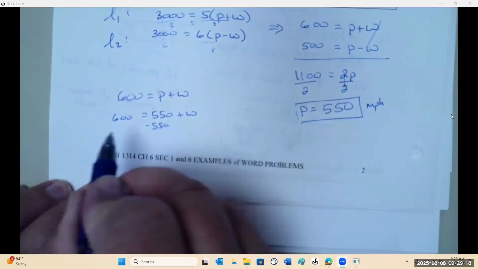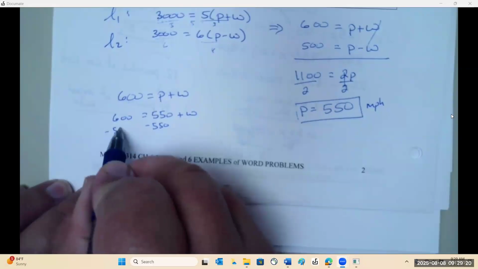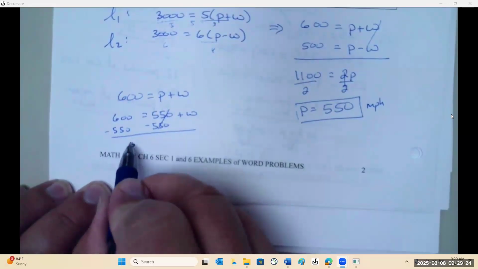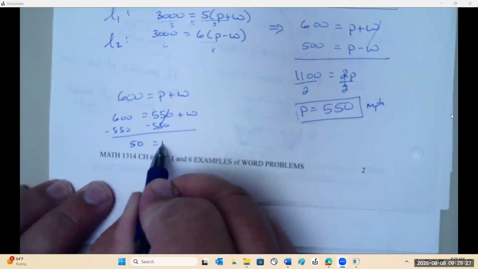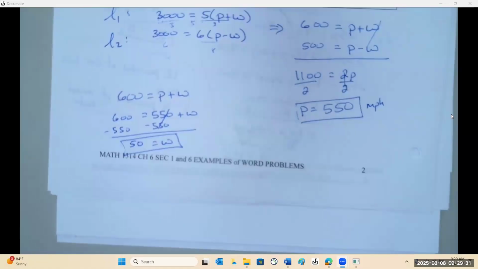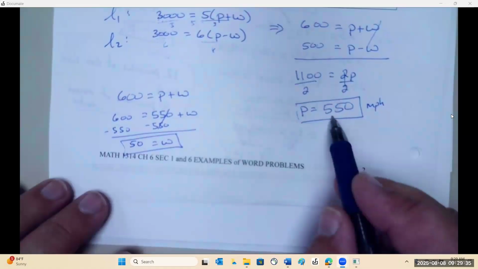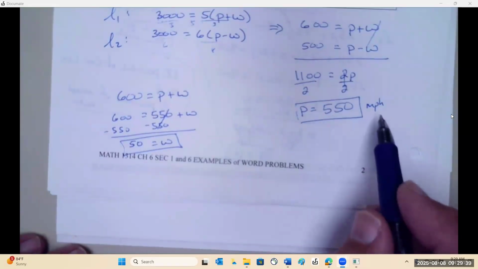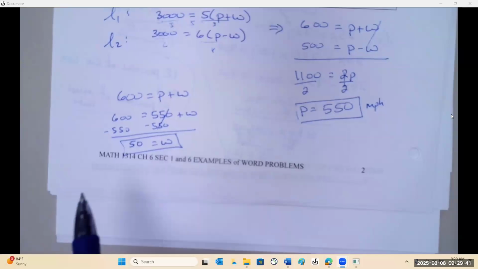Subtract 550 from both. So we're left with the speed of the wind is 50 miles an hour. So the speed of the airplane in still air is 550 miles an hour, and the speed of the wind is 50 miles an hour.